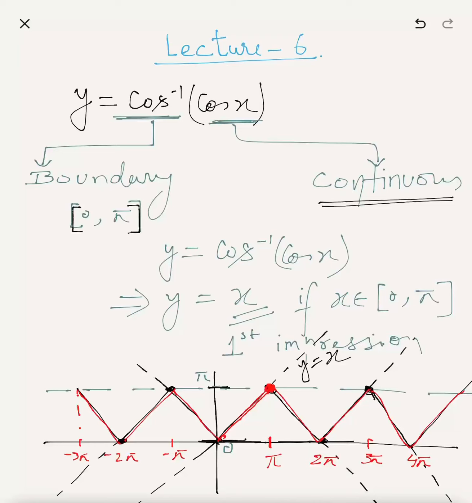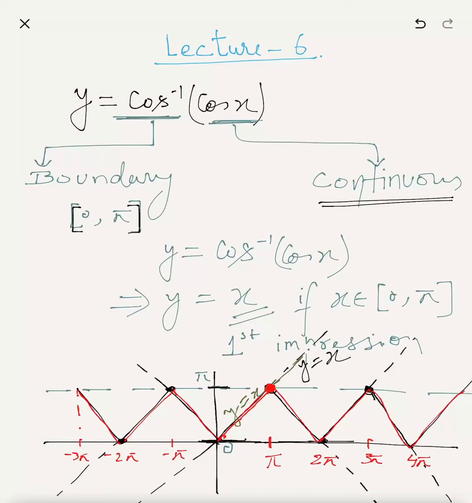Now we'll be writing the equations of each branch. Look very nicely. This is y equals to x. What is happening to this line y equals to x? It is getting folded at boundary pi.